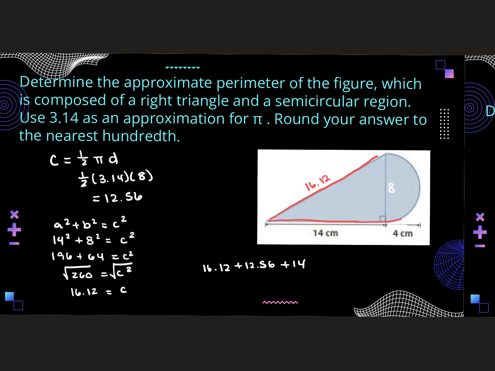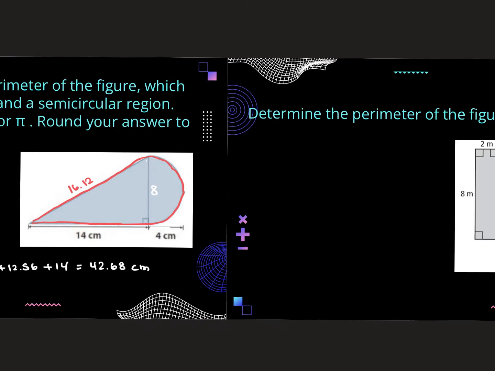So remember, going around the entire figure. So adding that up together, we get 42.68 centimeters as our perimeter.